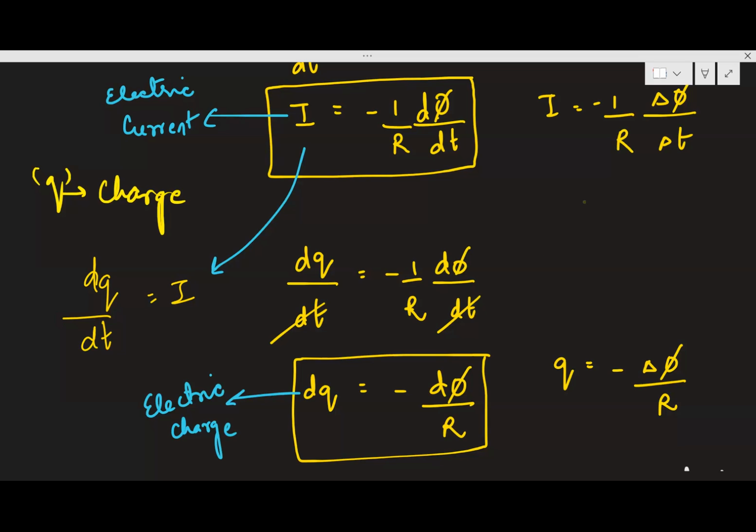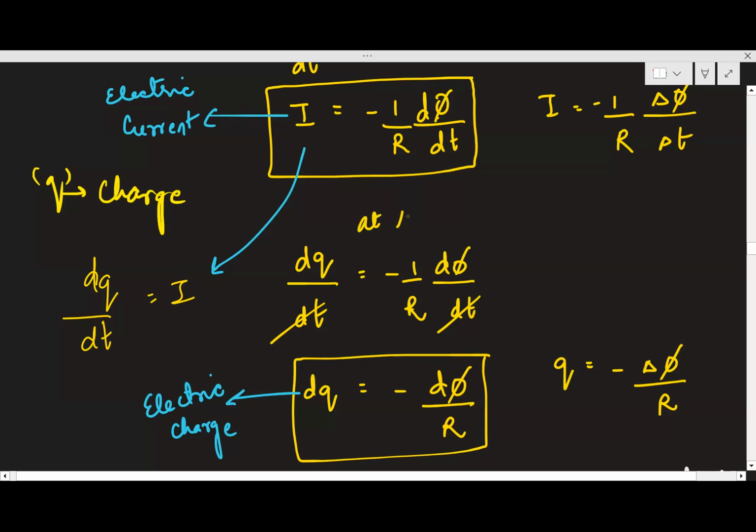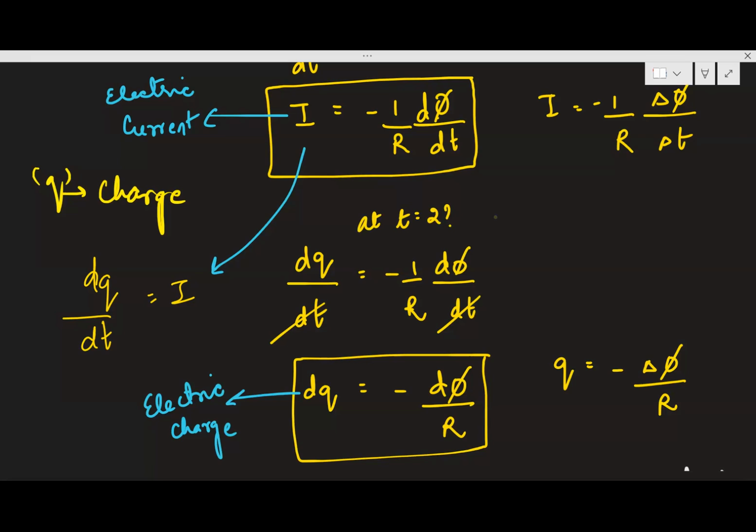Done, class? Ma'am, this D and delta is same thing only? Yes, D you use for differentiation when you have a quantity infinitesimally small, means when something is depending on a very time instant, when you have to calculate at a particular time instant. Let's say t is equal to 2 seconds or something. For an instant, then only use this.